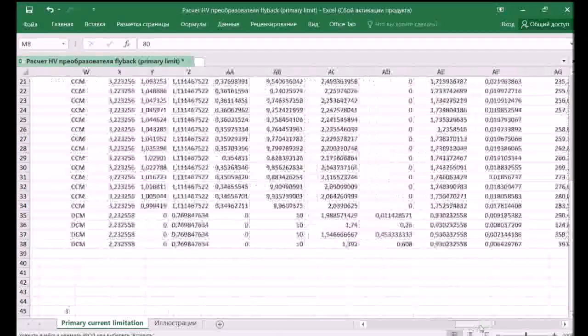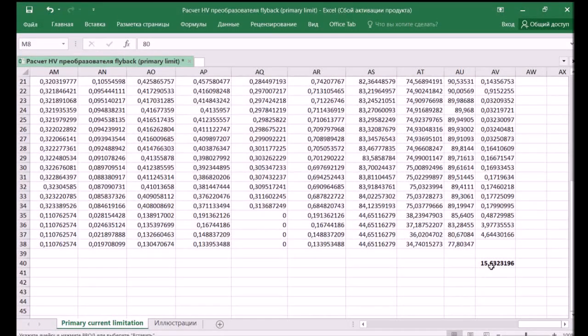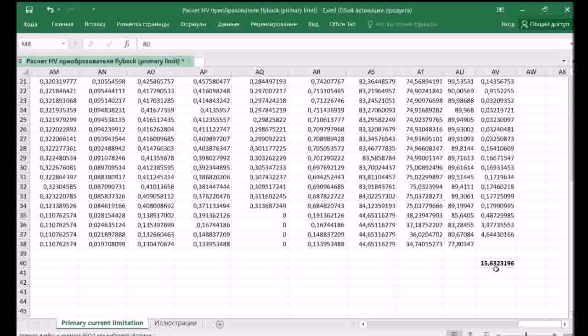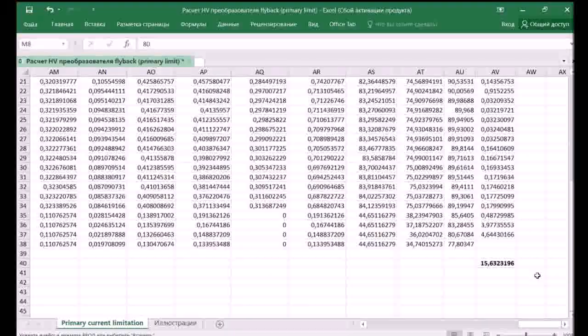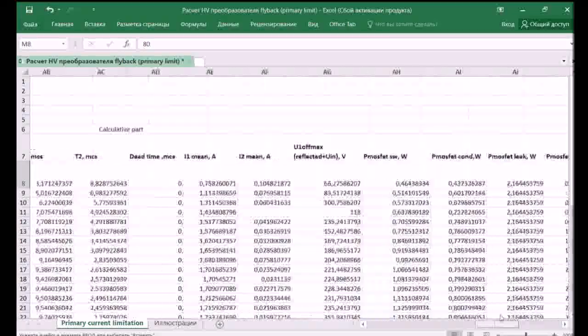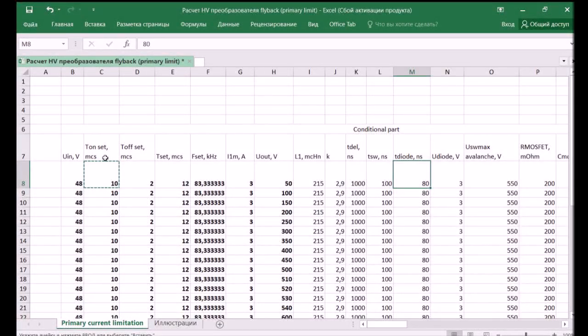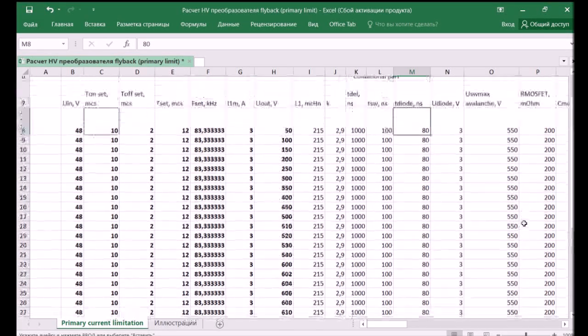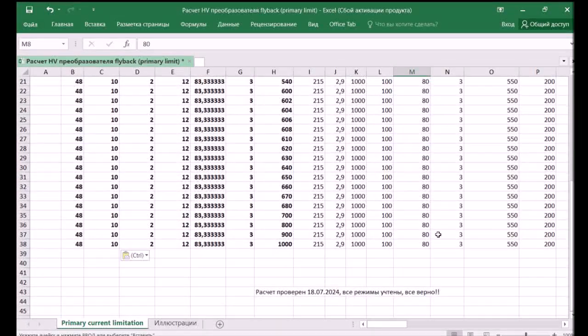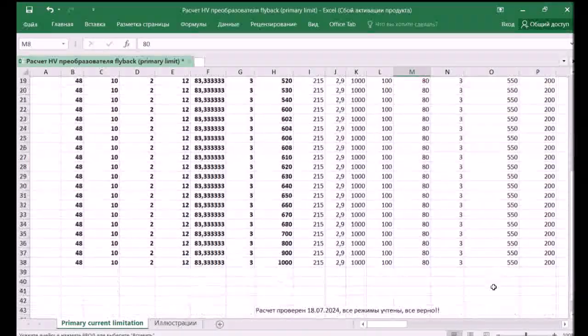We obtain 15 and 6.6 volt seconds. So decreasing on time leads to increasing charging time. It's not an obvious fact, and it is rather interesting.